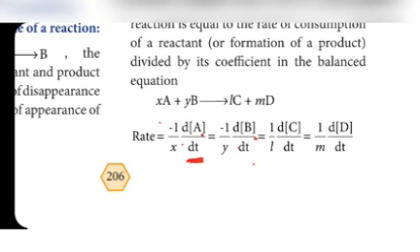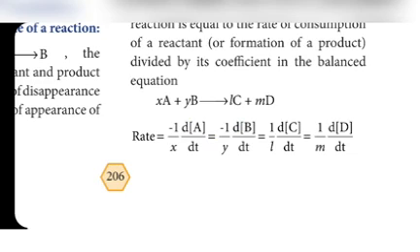Here x is there, so you must write the reciprocal of x, that is minus 1 by x. Why minus came here? Because this is reactant. For reactant, if reaction proceeds means concentration of reactant is going to decrease, that only indicated by negative sign. Like that, here also rate is given in terms of reactant only, so only here minus sign is given.